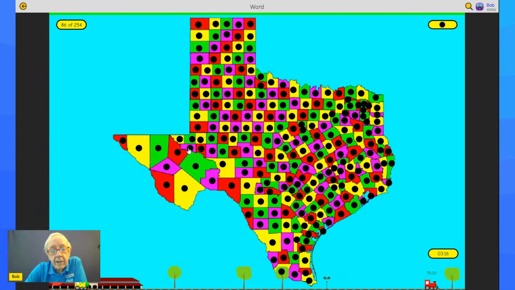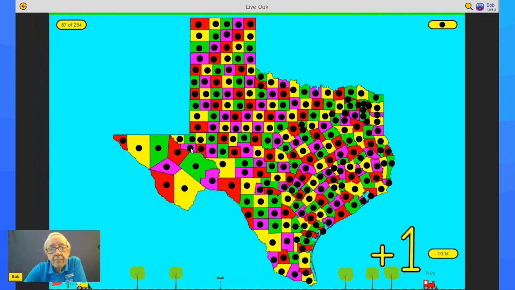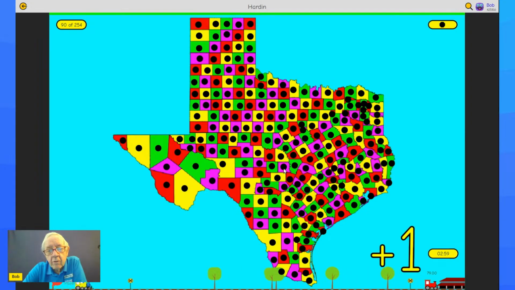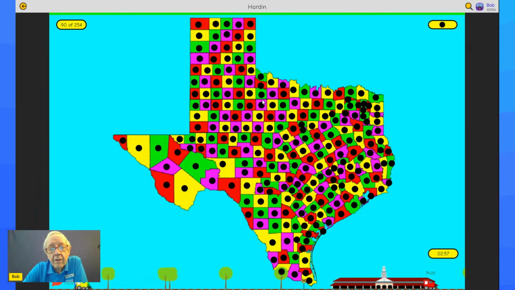Ward County, W-A-R-D. Ward. Live Oak. Kaufman County. There's a stadium in Kansas City named after Kaufman. Kauffman Stadium, I think, used to be anyway. Lamar with two Ls. Hardin.